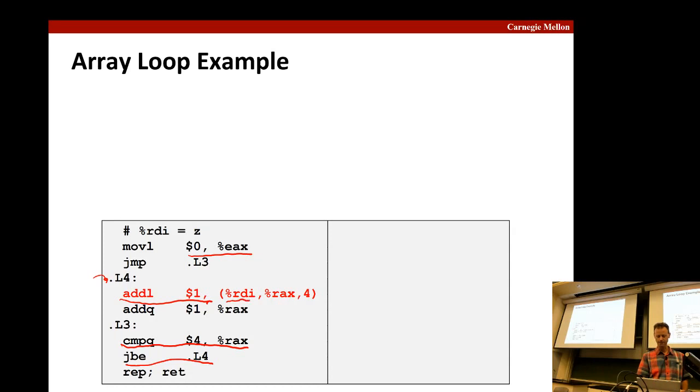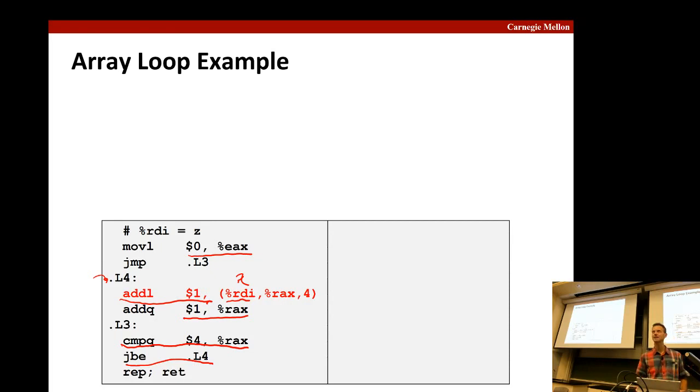I guess this is Z initially, and we add 4 times whatever this address thing is, then add 1 again, do the comparison, and drop out.